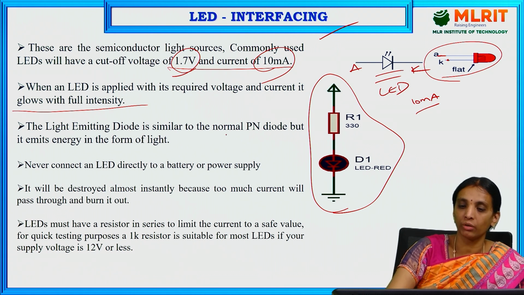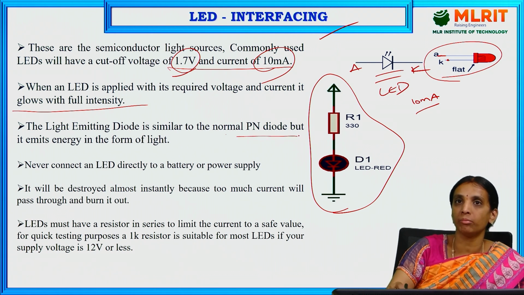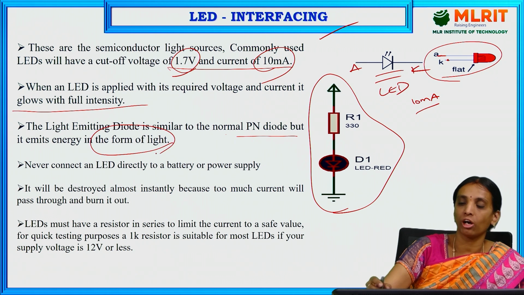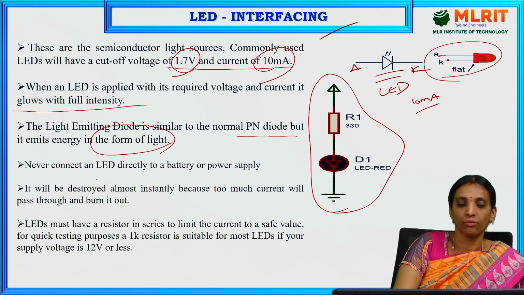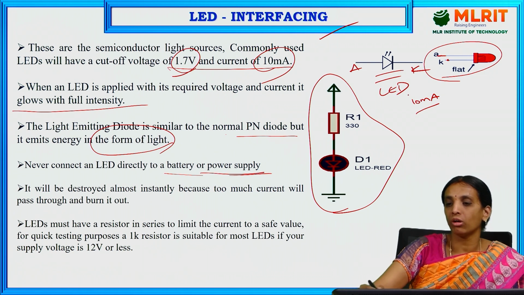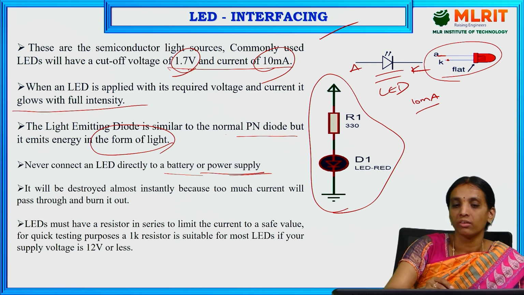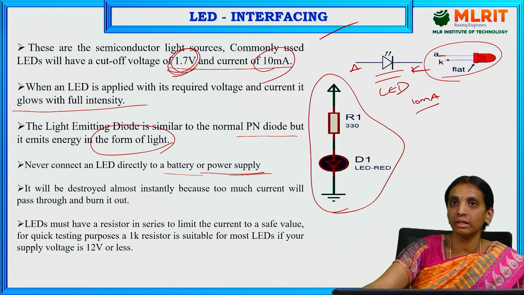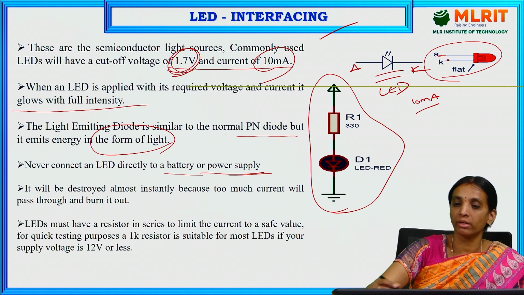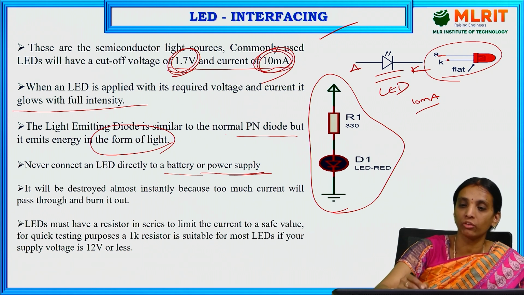It is similar to a normal PN junction diode, but it emits energy in the form of light. A normal PN junction diode gives the output in terms of voltages, while this LED provides the output in terms of light. Never connect the LED directly to a battery or power supply, because it requires 1.7 volts cutoff voltage for operating and will draw current up to 10 milliamperes, which is very large.